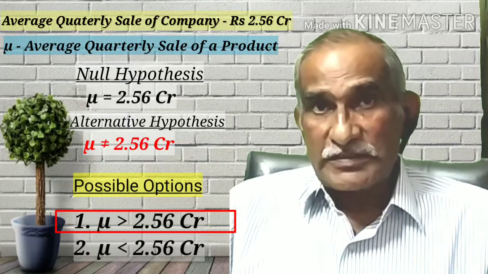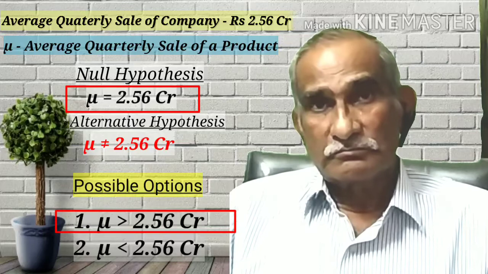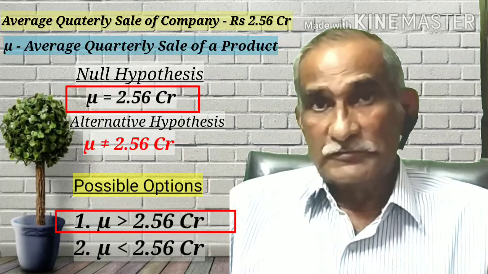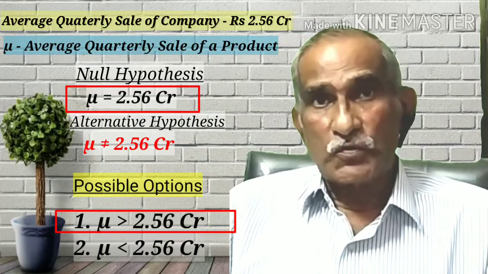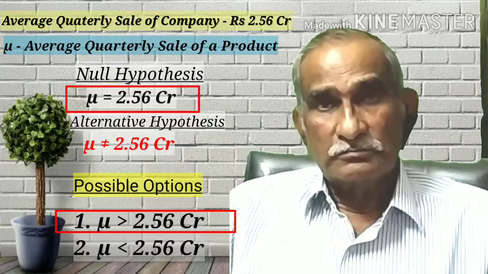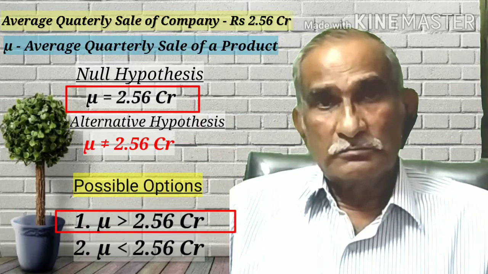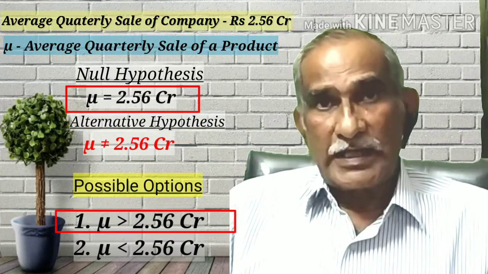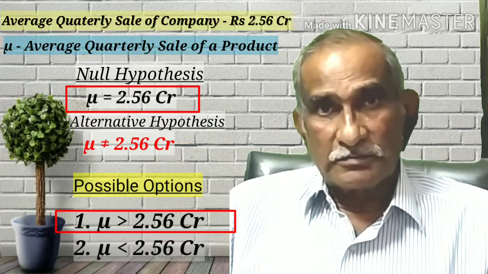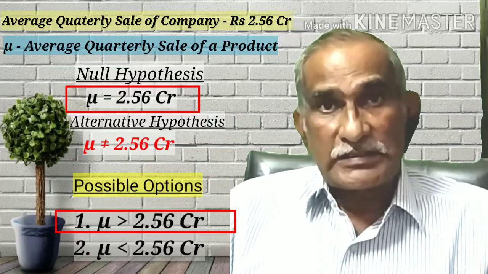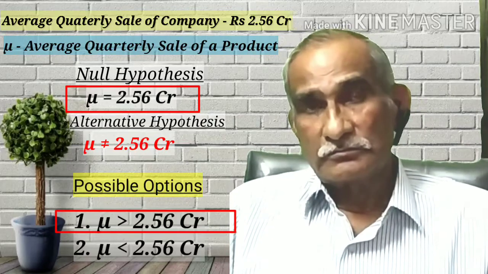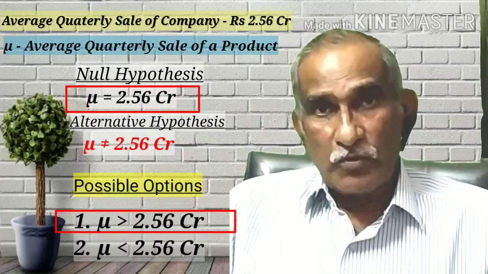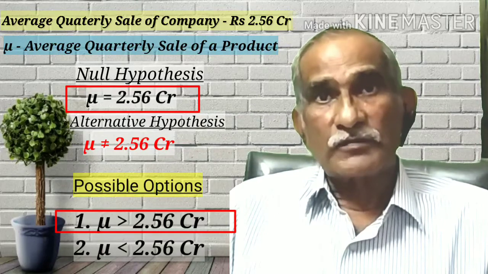If the null hypothesis is accepted, that is, mu equal to 2.56 crore, it means that the advertisement campaign has no significant effect in promoting the sale of that product.